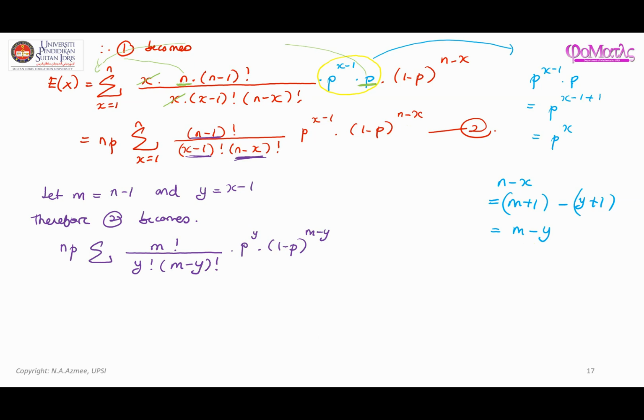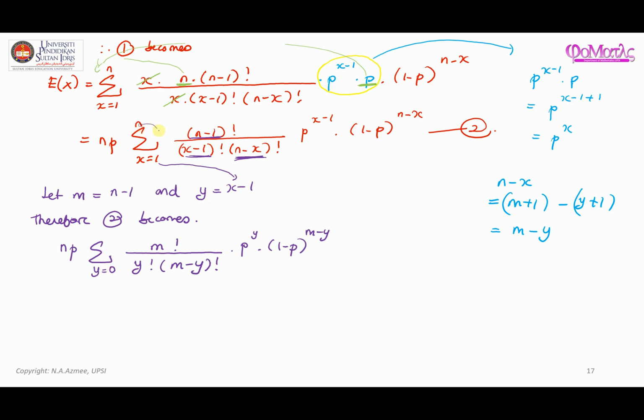Now what is the value that we have to put here? We don't have x anymore, but we have y. You can see that here x begins from 1. Therefore, if you substitute 1 into this part, then y will begin from 0, because 1 minus 1 is 0.